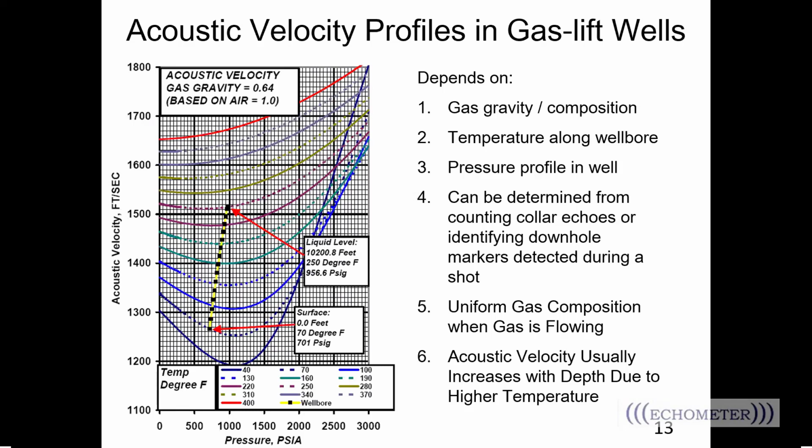So yeah, basically it'd take a little bit of work. It'd take a lot of knowledge about the well, a detailed knowledge about the geothermal temperature profile. Some wells may not have uniform temperature profiles versus depth, so it'd be interesting to try to figure that out, but you probably could.